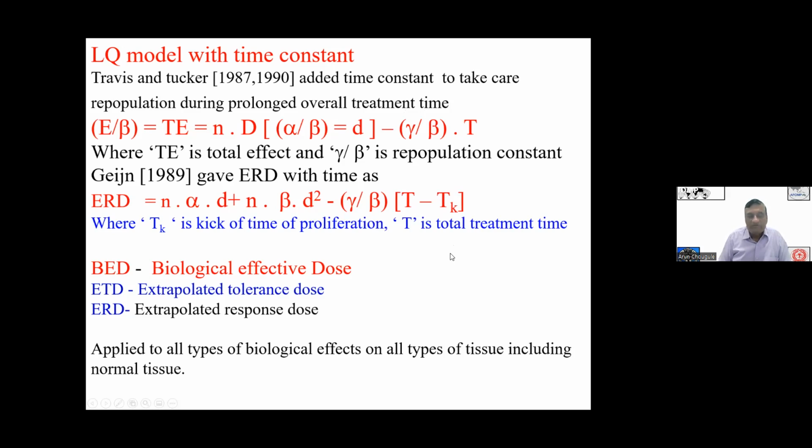And I told you some tumors are slow growing, some tumors are very fast. The kickoff time is 3 weeks, 4 weeks, 5 weeks. For example, for breast cancer, 5 to 7 weeks is the kickoff time. So now we have the terms used in the literature, and they are all the same: BED, biological effective dose; ETD, extrapolated tolerance dose; or ERD, extrapolated response dose.